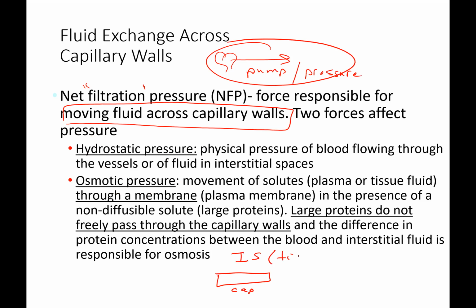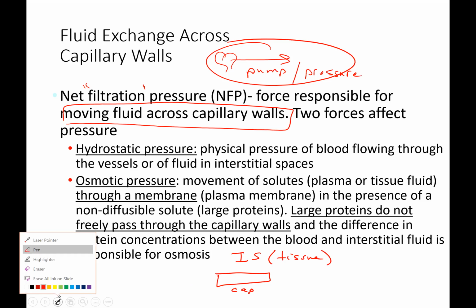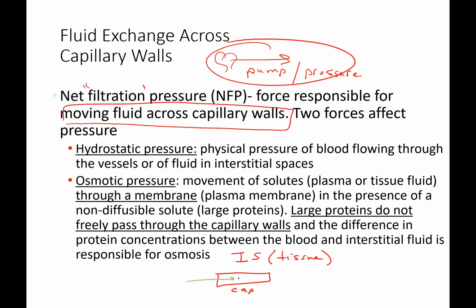For now, we'll just call that tissue. Blood or fluid is coming in. Some of it leaves and goes to the interstitial space, and then eventually it comes back in. This is constantly happening. Some of it goes into the lymphatics, and a lot of it goes back into the blood vessels themselves. So we need the pump, the hydrostatic pressure, to help with that.